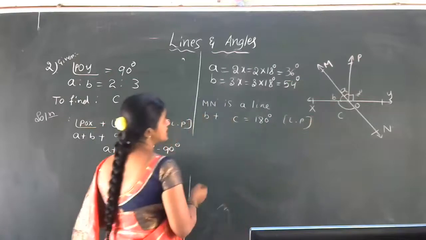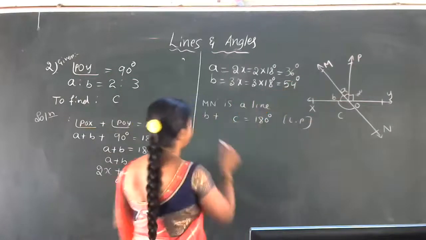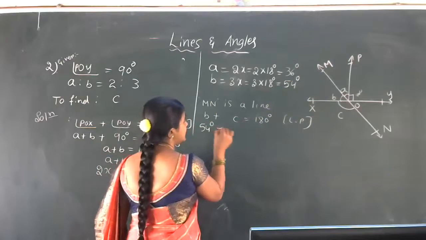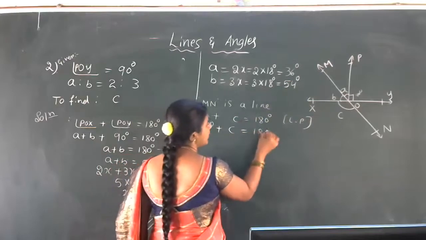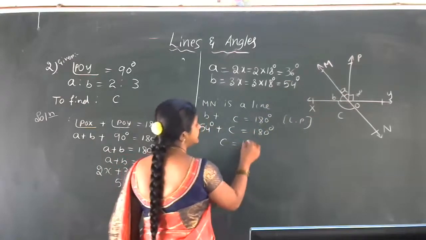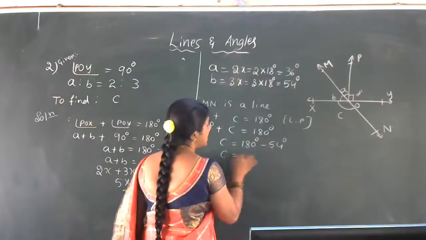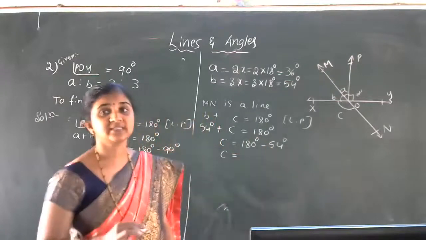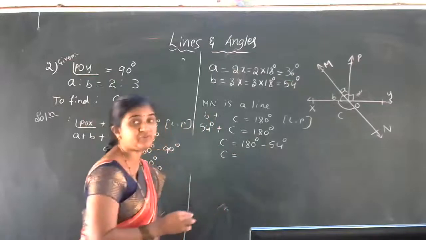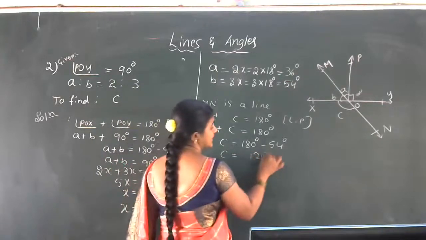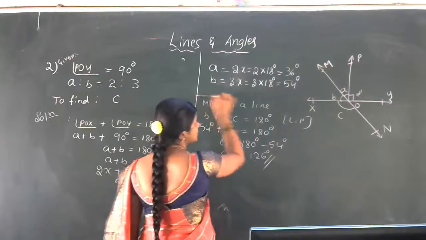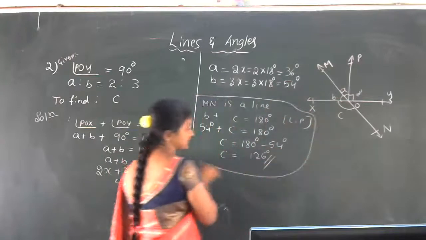Now, just now we got angle B as 54 degree. So 54 plus C is equal to 180 degree. Therefore, C is equal to 180 degree minus 54 degree, that is 126 degree. So this is using the linear pair concept, students.